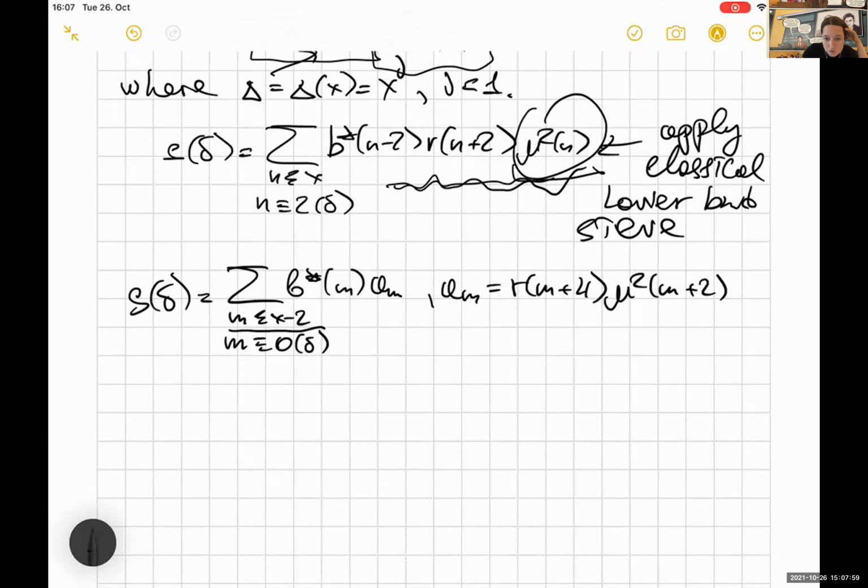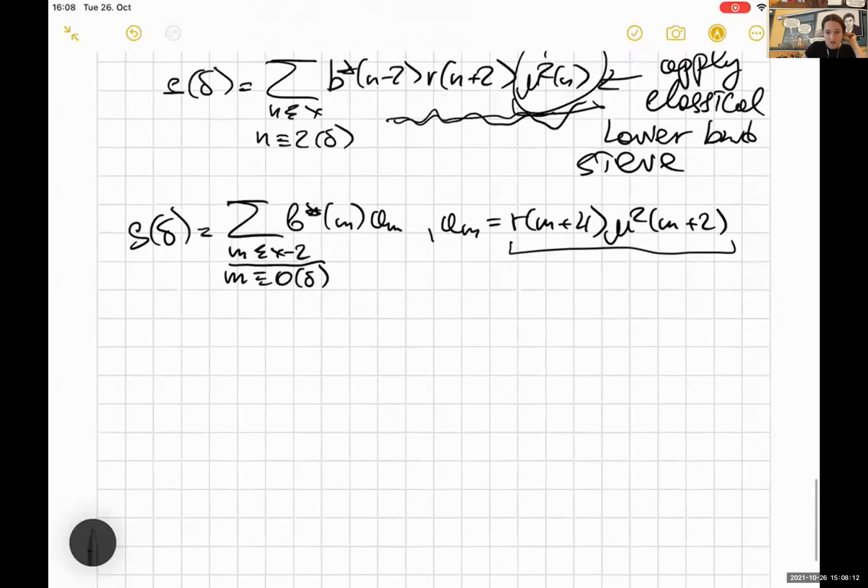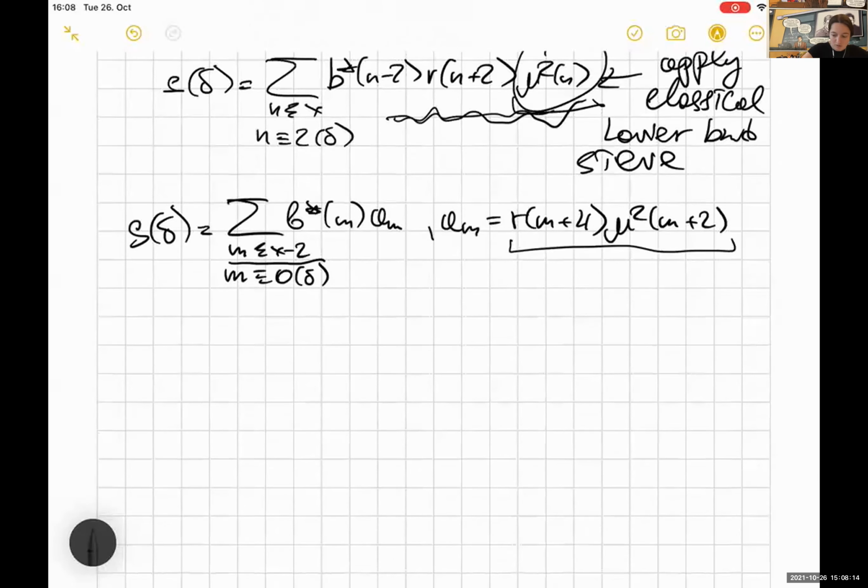Okay, so in order to apply the sieve methods, you need to know the partial sum of this one. The partial sum of this one is doable. So you would need the following thing. You would need to be able to have this one, m plus 2 is equal to a mod q of am.